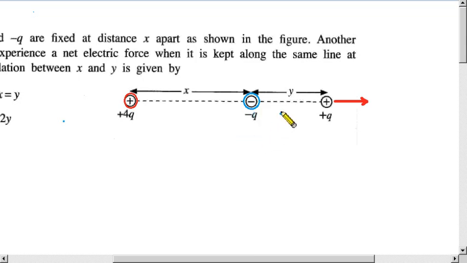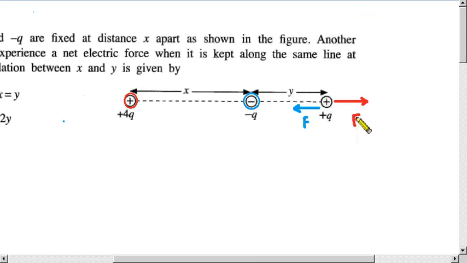By that force this charge can be moved. That means this one must feel force to this way, attraction towards the negative charge direction. So there must be two forces, each opposite to each other, and the magnitude also must be equal.